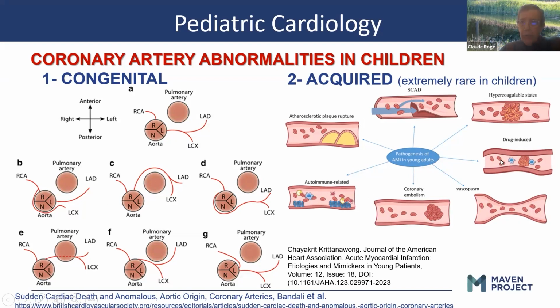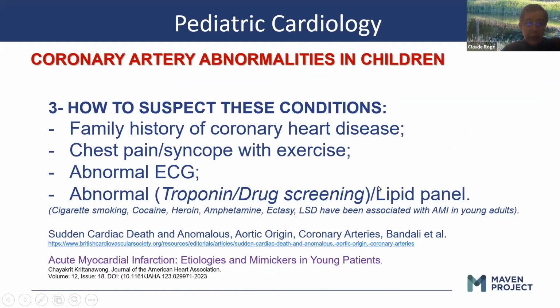So if you are going to see teenagers and young adults, always ask about drug use, because we are going to see on the next slide that even cigarette smoking, cocaine, heroin, amphetamine, all these have been associated with acute myocardial infarction in young athletes. So always ask about that. If there is any question, you may want to get a drug screening.